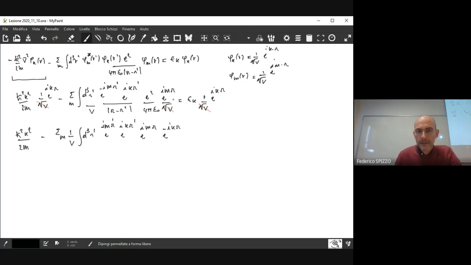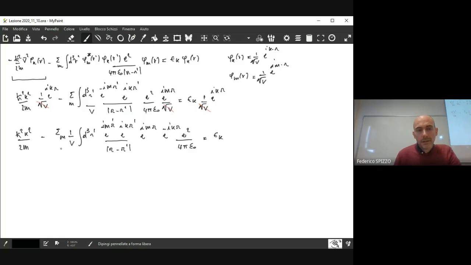That comes from the simplification of the phase. Then we have r minus r prime. Then there is the square of the electronic charge divided by 4 pi E0, and this is equal to Ek.